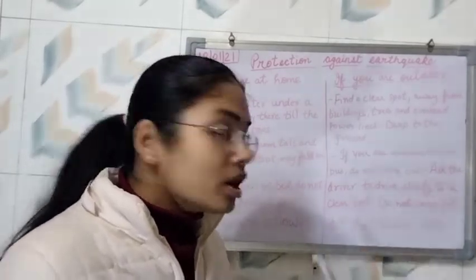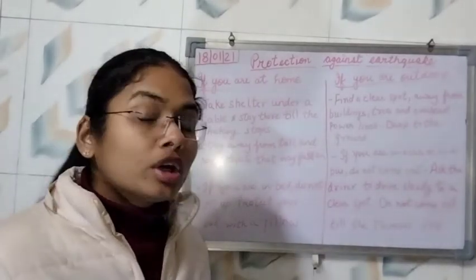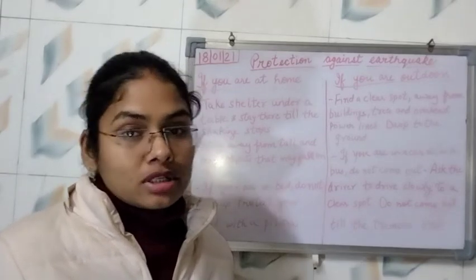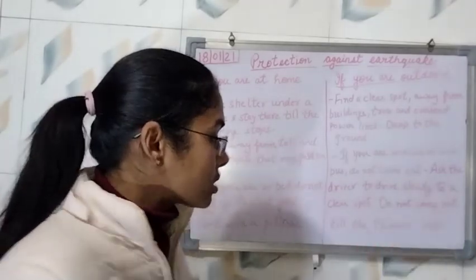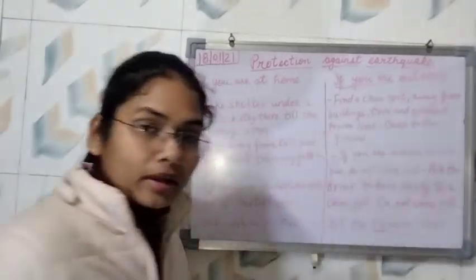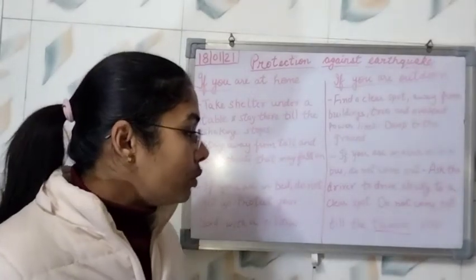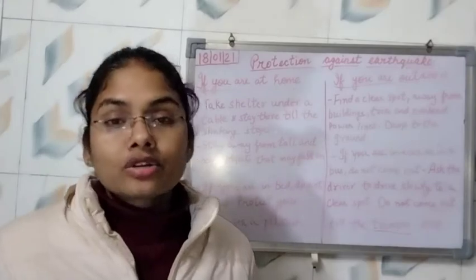Also, do not come out of the bus or car till the tremors stop. Tremor means shaking, shaking for a short time. So you should not come out till the tremors stop.